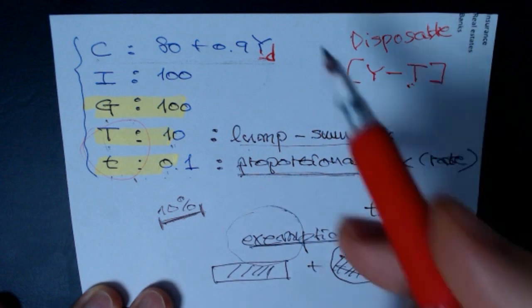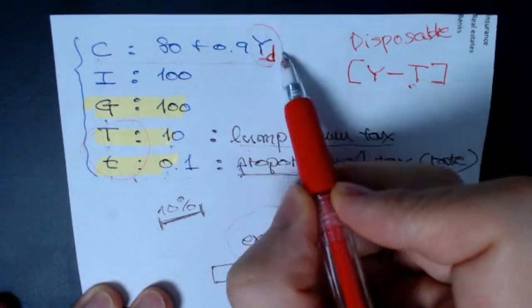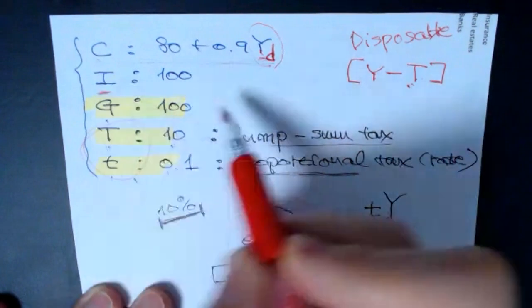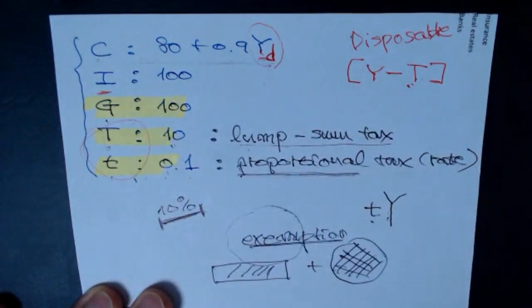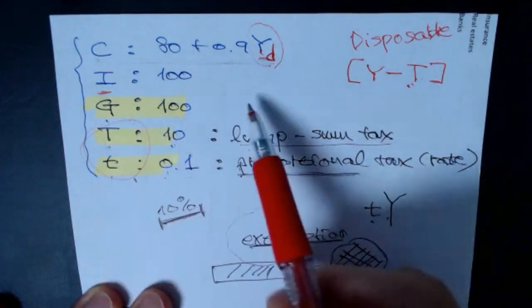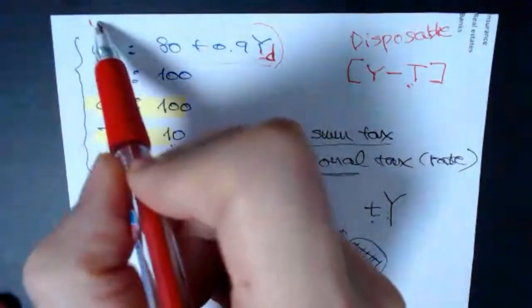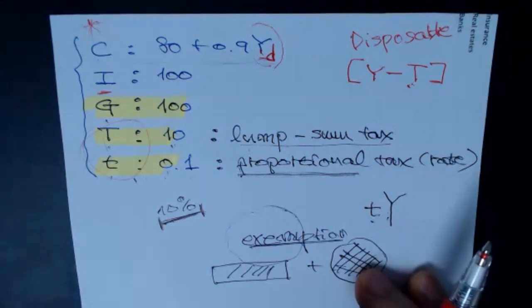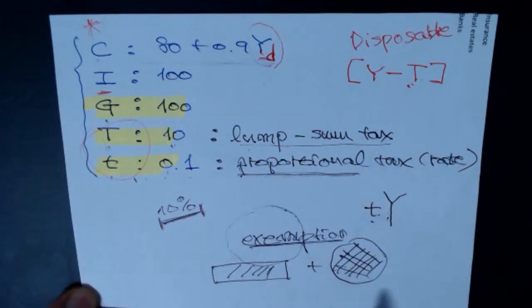So this is disposable income. We just assume that investment is not affected. Actually, investment would be affected, but we don't consider that. We just focus on the impact on the household. Any other question up to here?